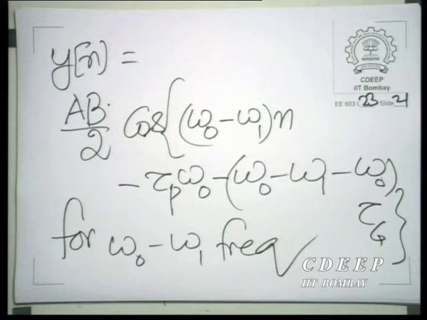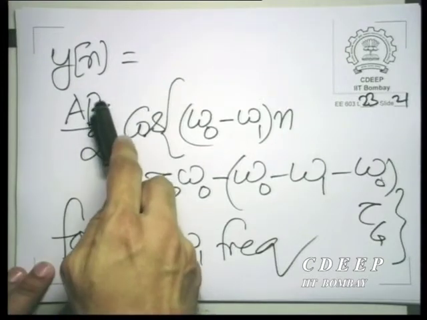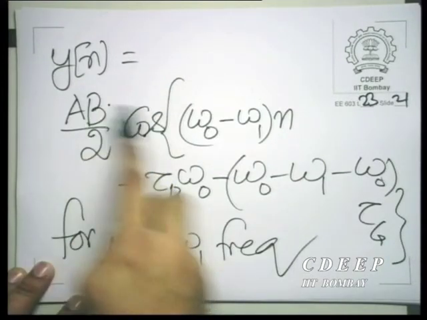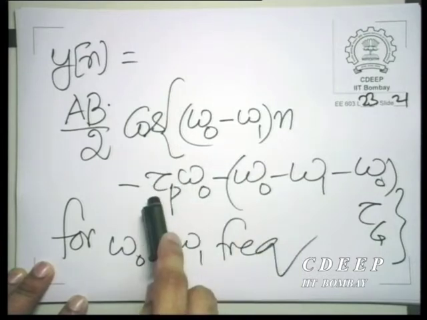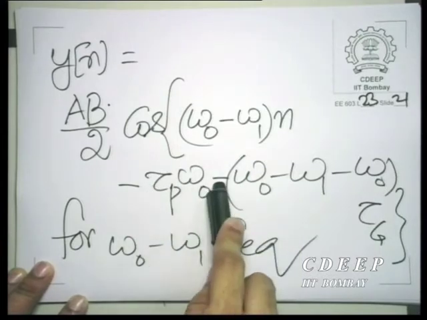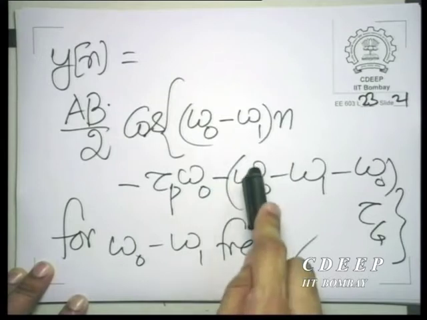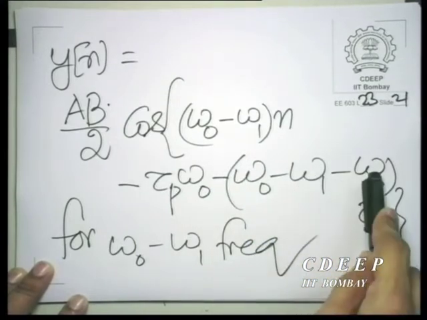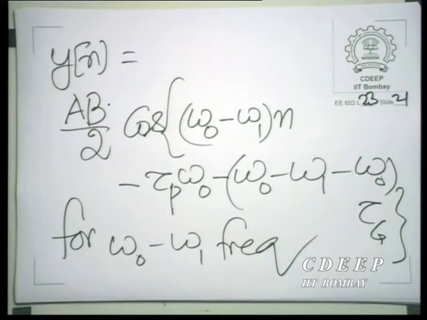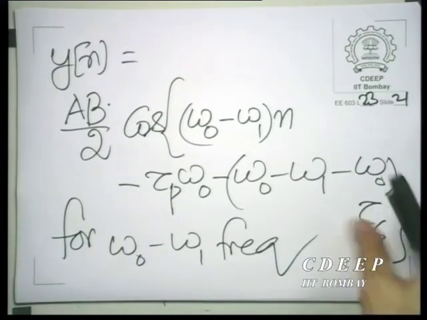For the omega naught minus omega 1 frequency, essentially you are multiplying the magnitude by B and adding the phase, as given, minus tau p omega naught minus, in place of omega we put omega naught minus omega 1, and of course minus omega naught times tau g. So, there we are.